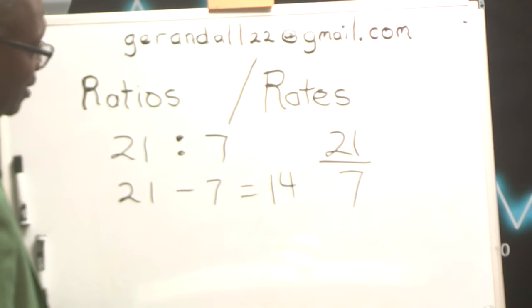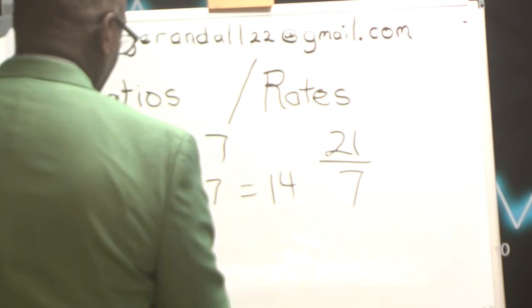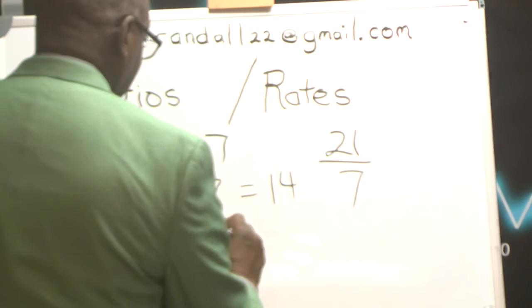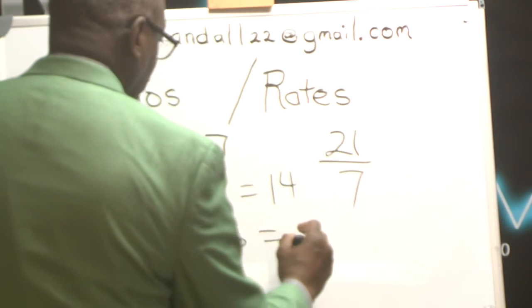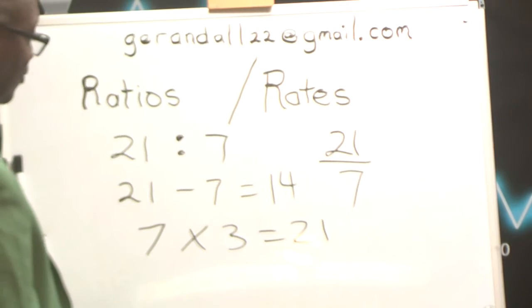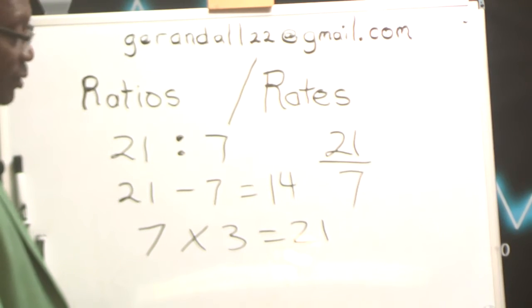We also can express this by saying that Maryland beat Tech by 3 scores, because 7 times 3 equals 21. Again, various ways to compare numbers.